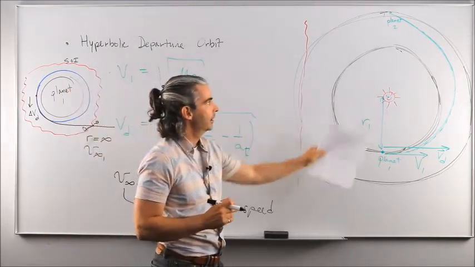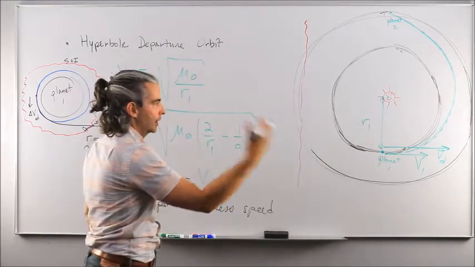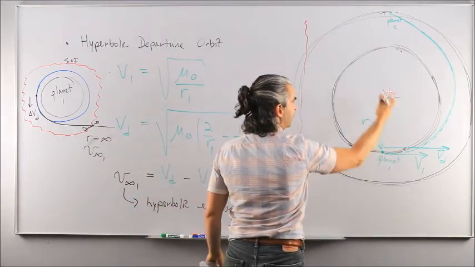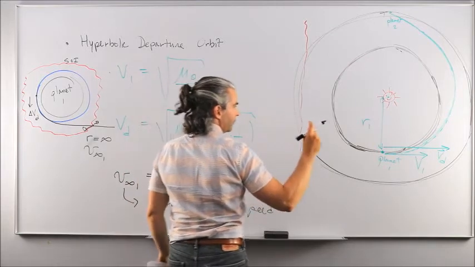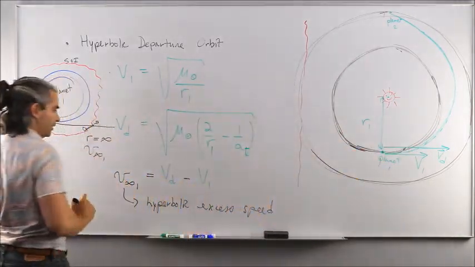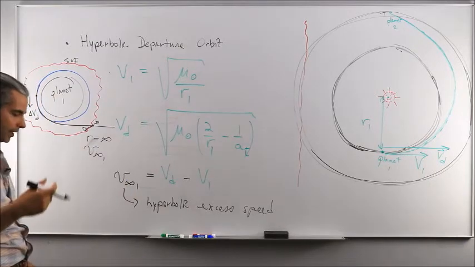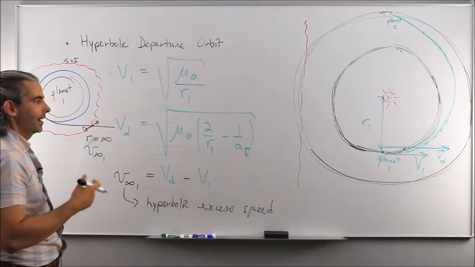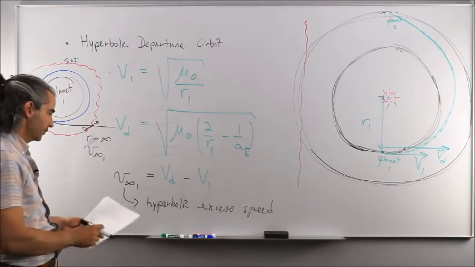Always begin with the heliocentric system, figure out the normal geometry, which speed is greater than the other one, and assume that you do a delta V between those two speeds here and call it V infinity, which is the speed that the spacecraft needs to have in excess to the planet's speed around the sun, okay?